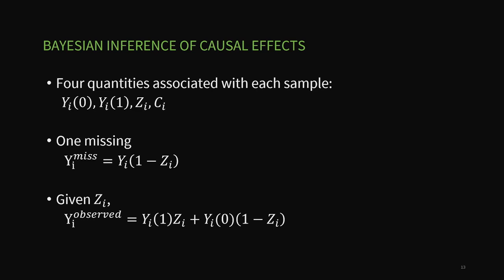For every unit, for every customer we might think of in our example, we'll always have at most one observed possible outcome. The other is going to be missing or counterfactual, meaning we either observed the outcome when the treatment was present or we observed the outcome when the treatment was missing.